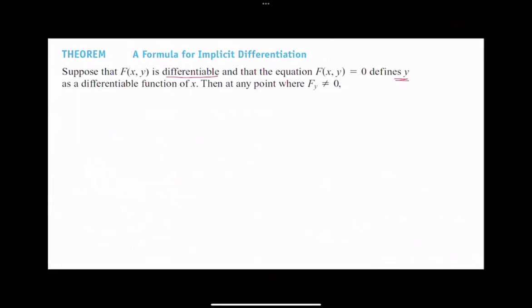Then, at any point where the partial derivative of f with respect to y is non-zero, the rate of change of y with respect to x is negative partial derivative of f with respect to x divided by the partial derivative of f with respect to y.